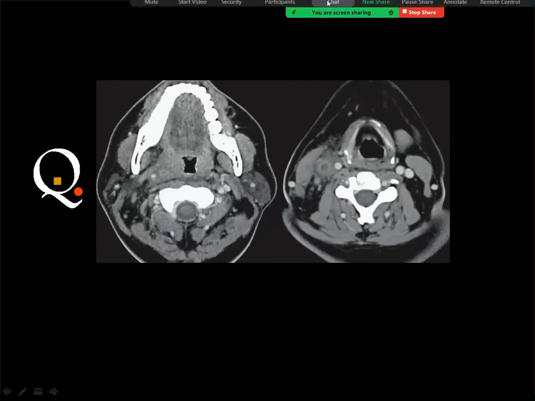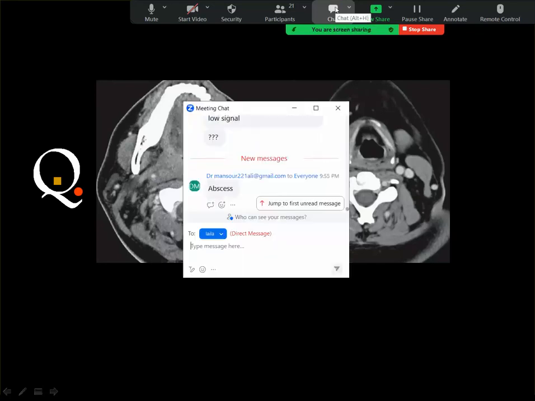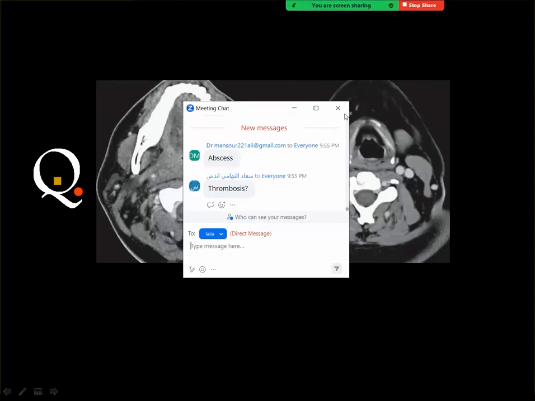And what do you think about this case? Abscess, no. Thrombosis, yes. Of what? Thrombosis of what?